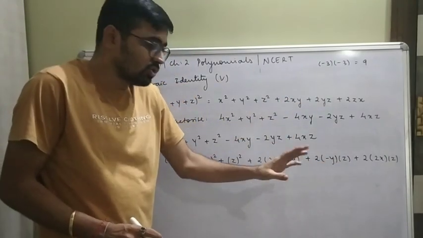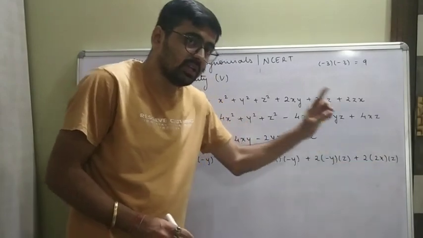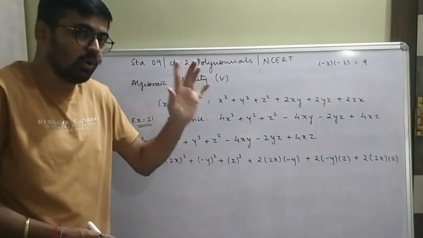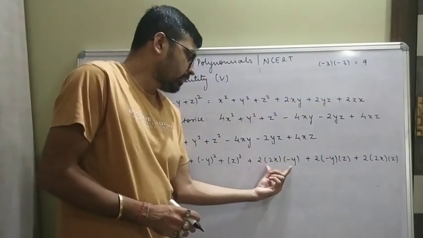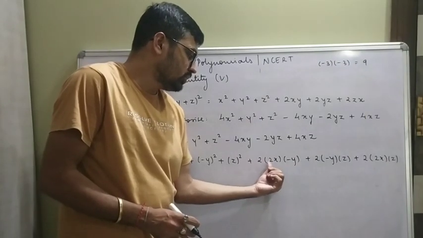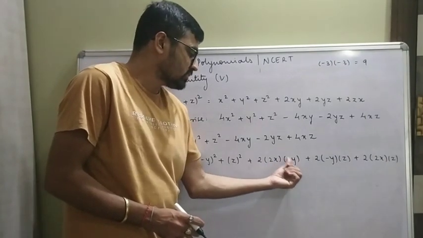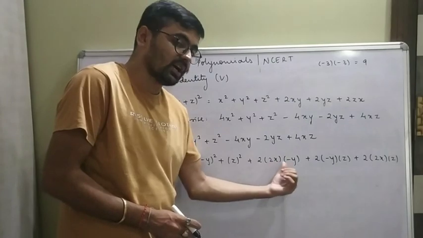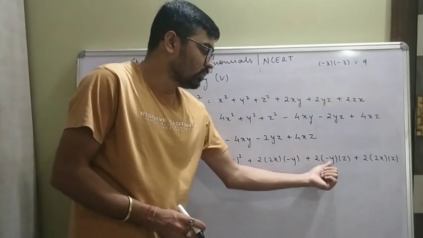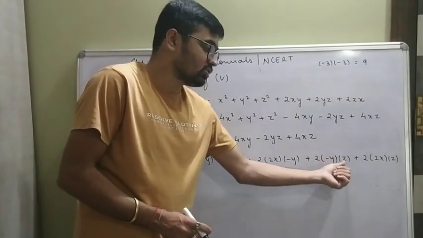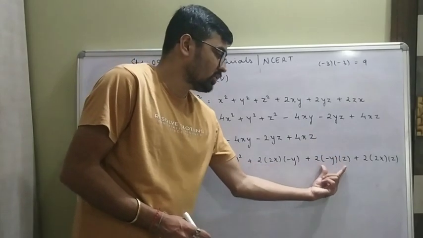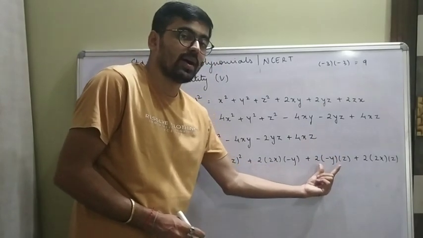Now just make sure that whatever we are getting is correct by checking orally. If you take the product of all these three numbers, 2 into 2, 4, 4 into minus 1, minus 4xy. Is this correct? Definitely. 2 into minus 1, minus 2, minus 2 into 1, again minus 2, so this product is minus 2yz.